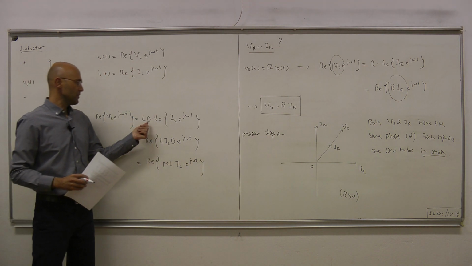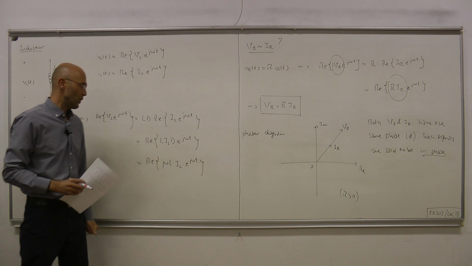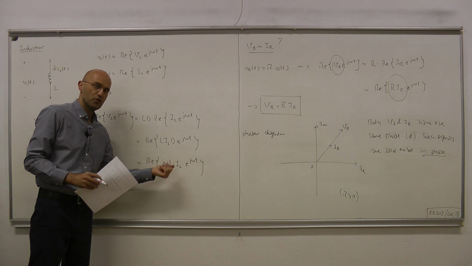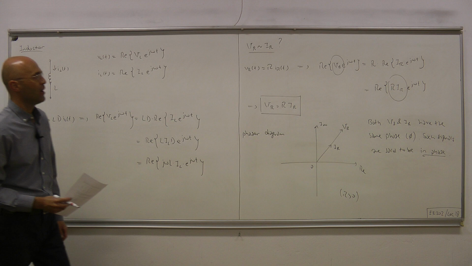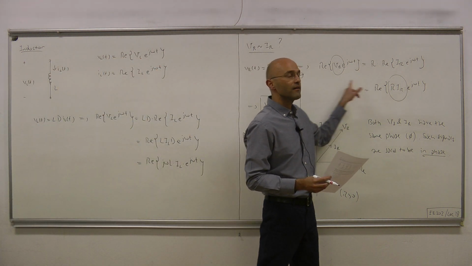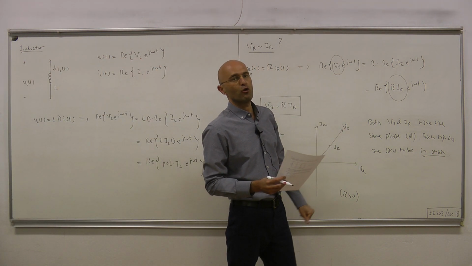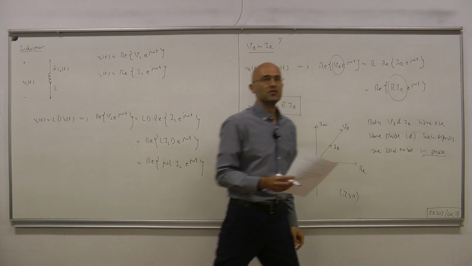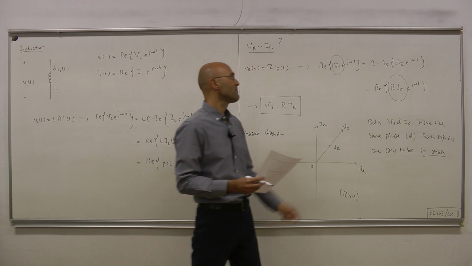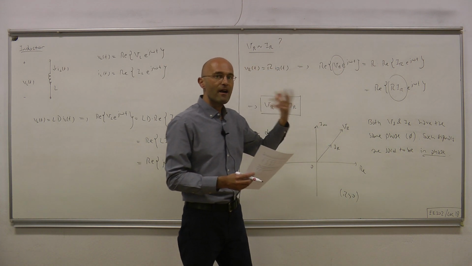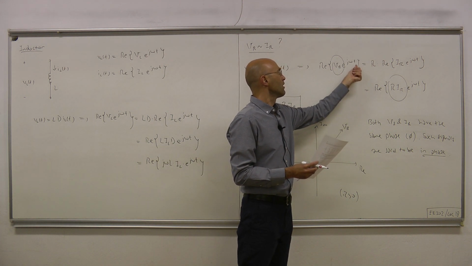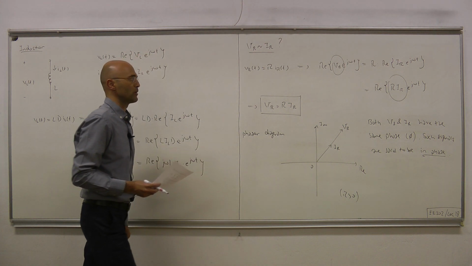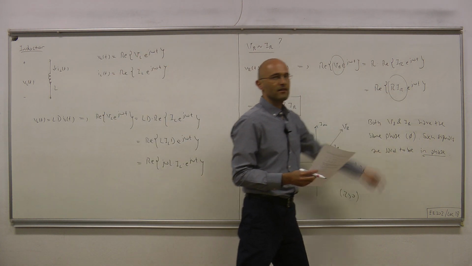And now all of a sudden this differential equation turned into an algebraic equation. Again, we have the same situation here, something multiplied by e to the j omega t, and here we have something else multiplied by e to the j omega t, and those two complex numbers always have the same real part for all times, and that's only possible if this equals that.